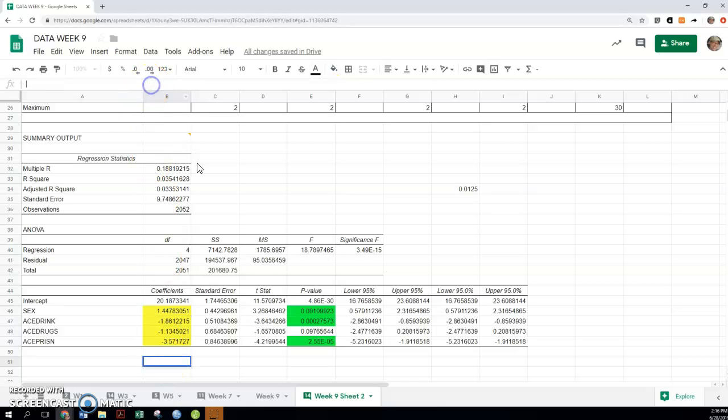well, let me just run through a quick prediction here. So let's say you were a female who had all of these three situations.